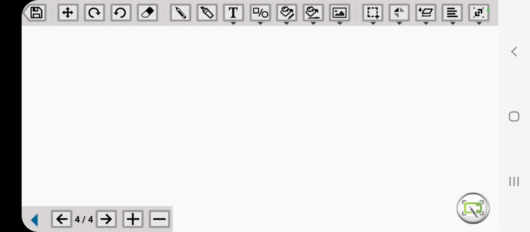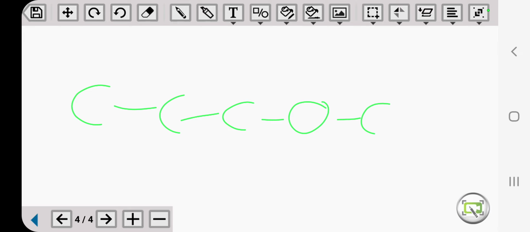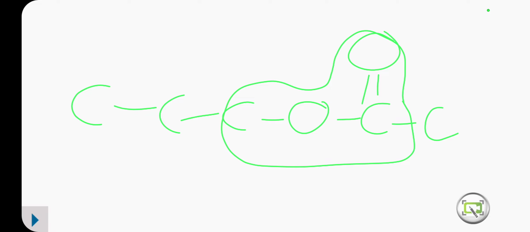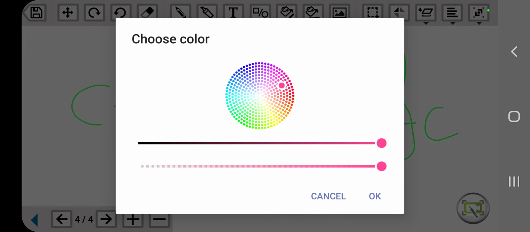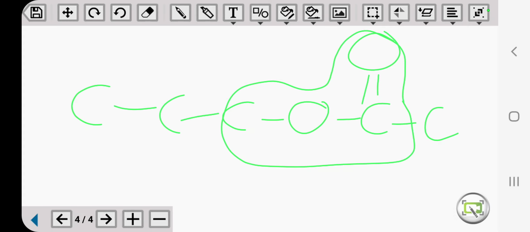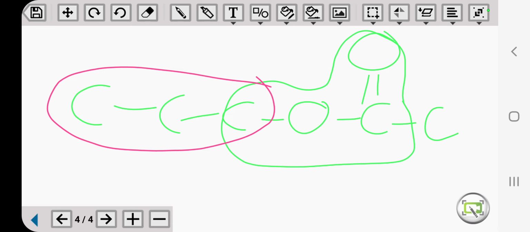I'm going to do another one just to explain again. Let's say we have something like this. There you go. Please remember this whole part is needed for an ester to form. Now the part which is attached to the single bond O is the part that comes from the alkyl group, and that's the part that you mention first in the ester's name.